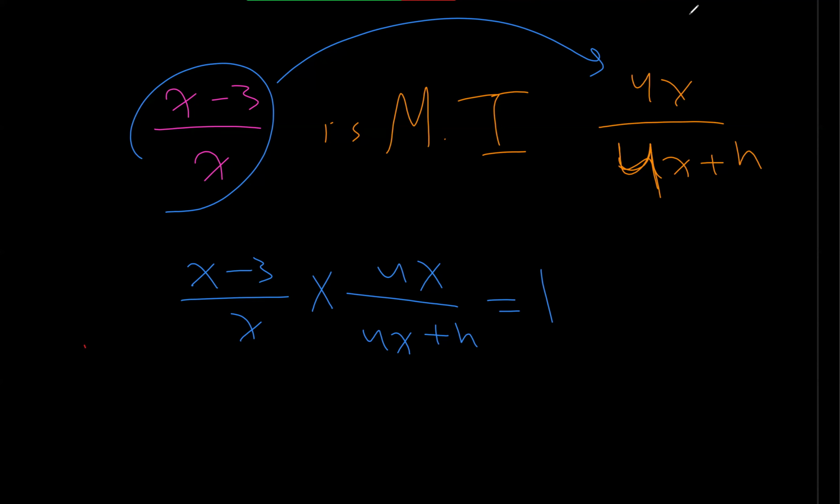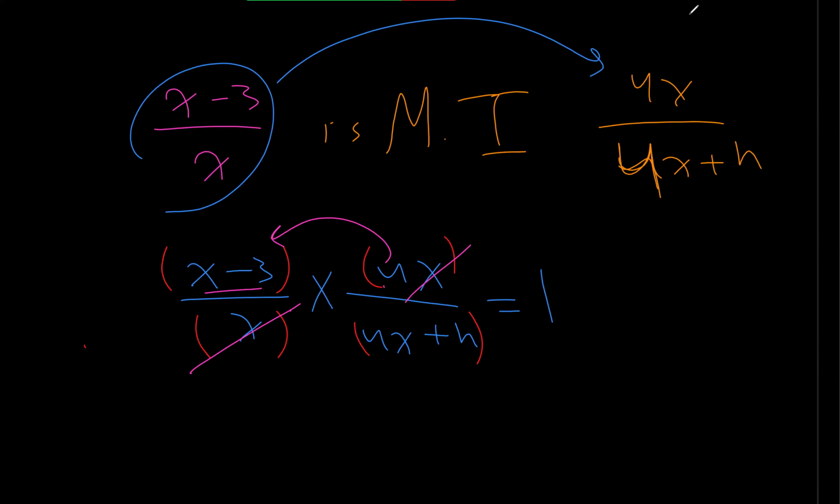If I have 2 fractions, with multiplication up and multiplication down, in this case you can cancel. So I can cancel this x by this x. What will be left up top is x minus 3 times 4.